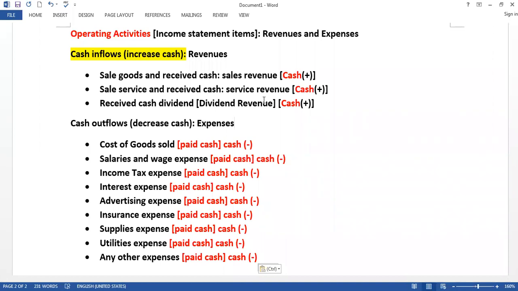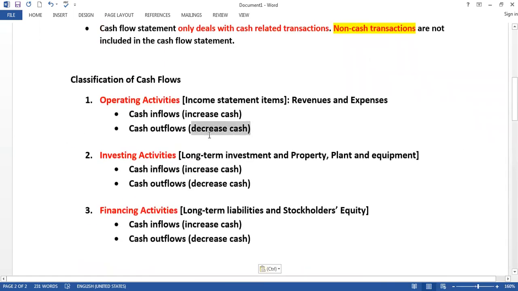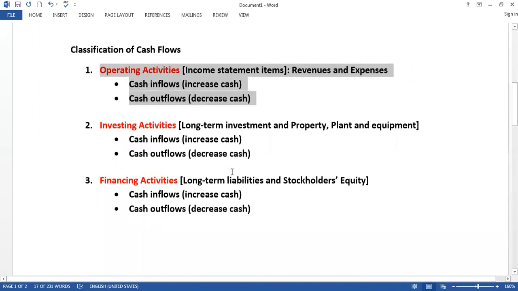If it is not connected with cash, it is not cash flow statement. So I already did this part. Operating activities. Do you have any question about operating activities? Now let's see the investing activities.